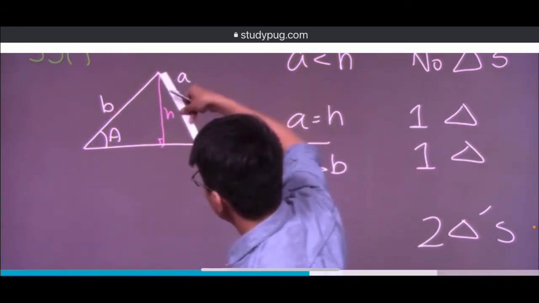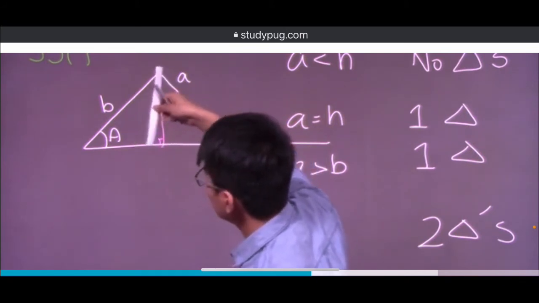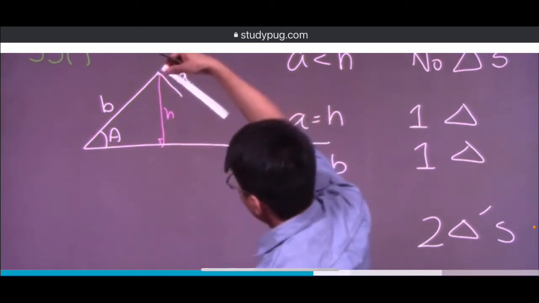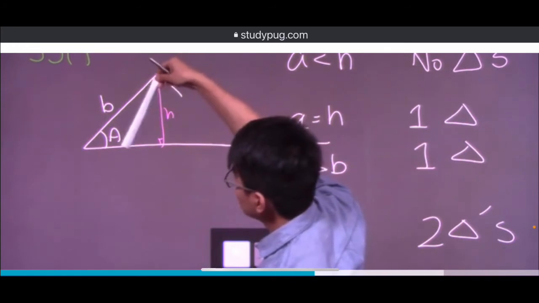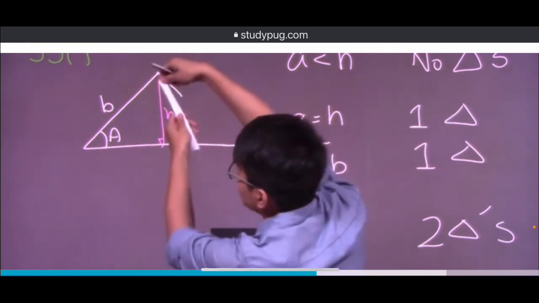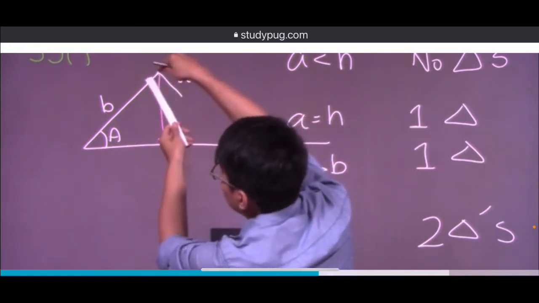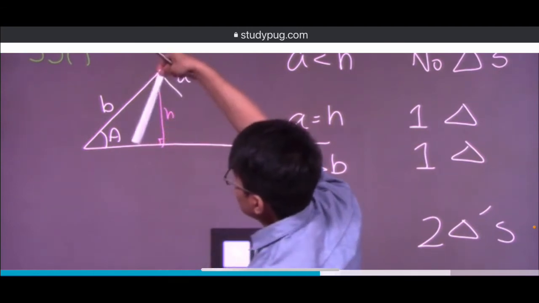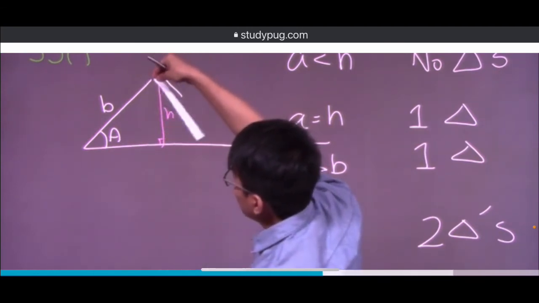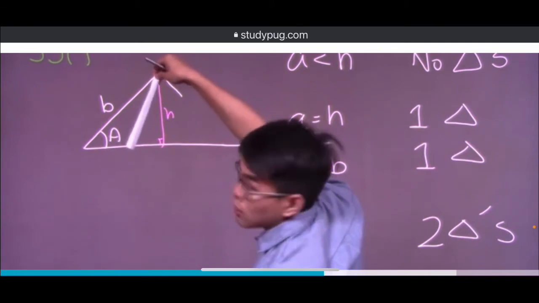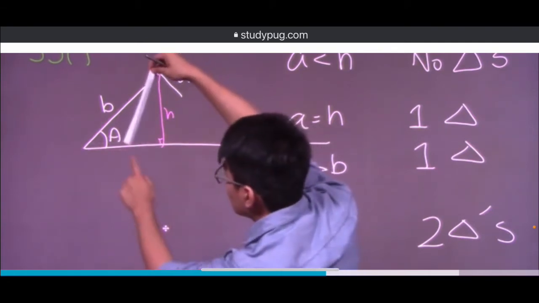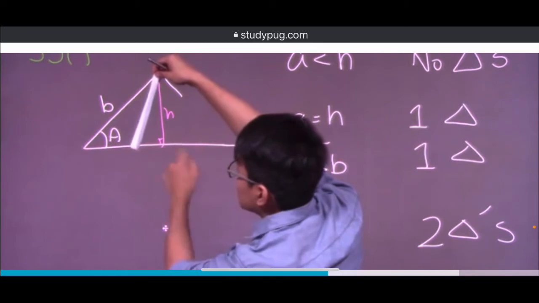Then as we move it along like a pendulum, with this point fixed as a pivot point, as we swing it, we'll have two intersection points.